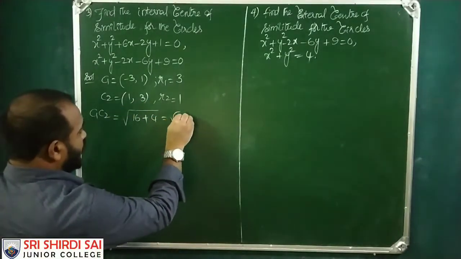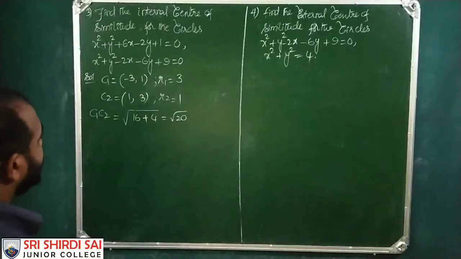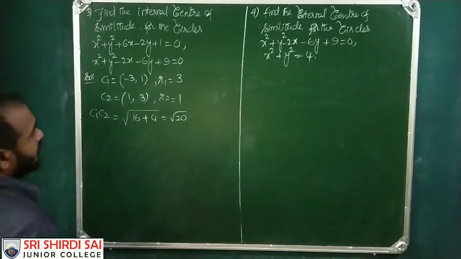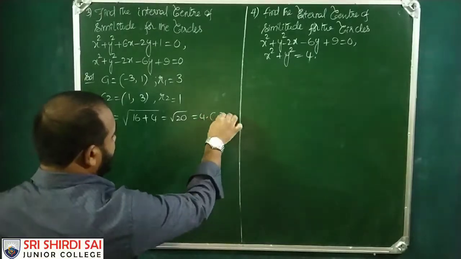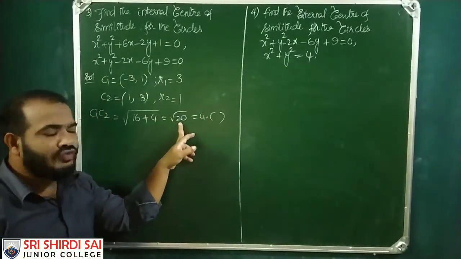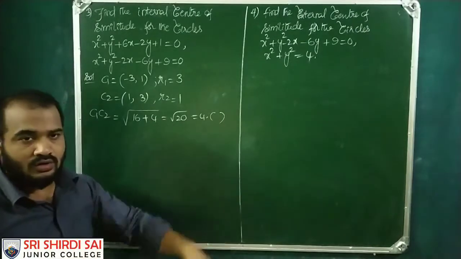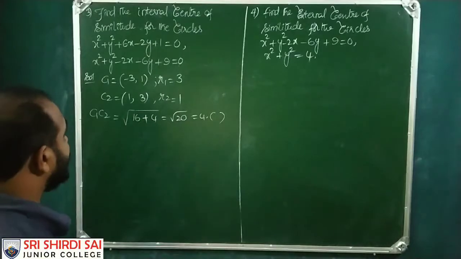This is root 20. See, this is 4 point something, because root 16 is 4, root 20 is something more than 4.